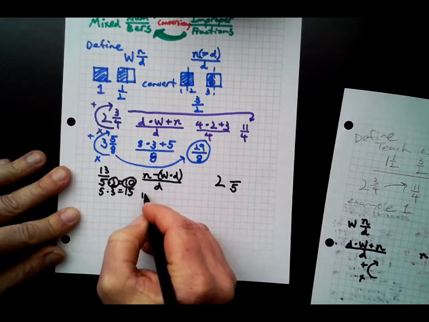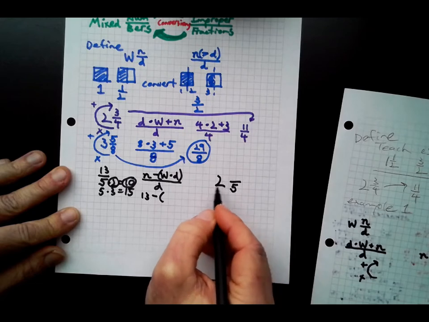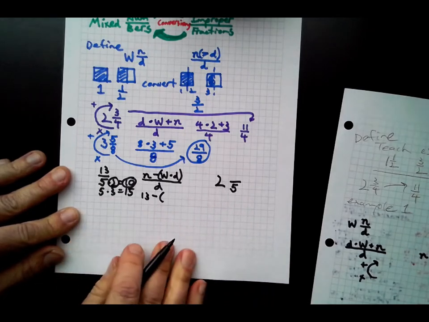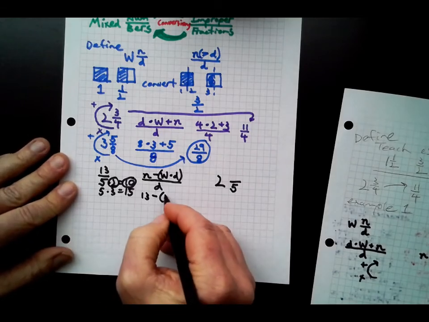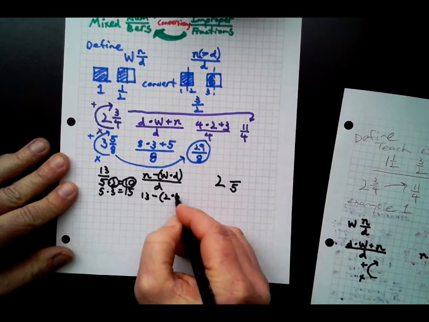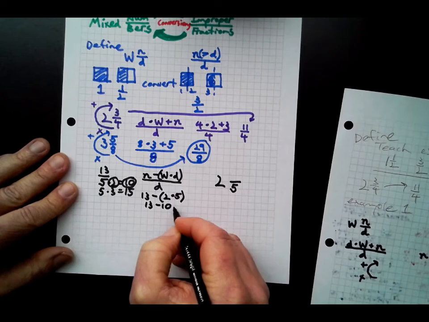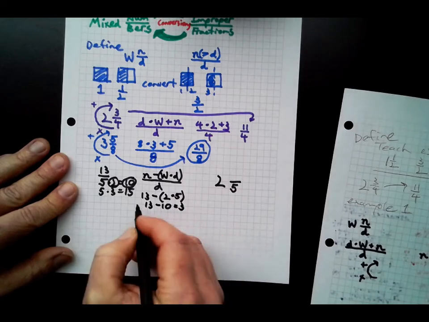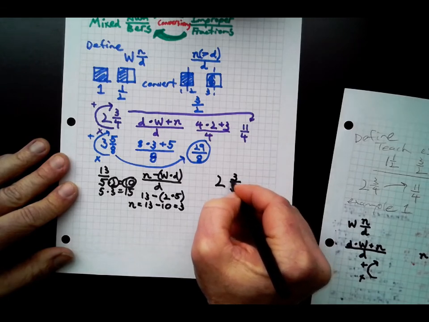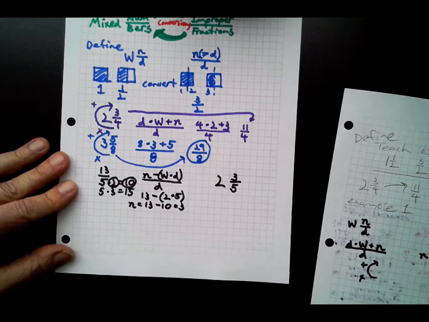We took the 13, we're going to subtract the whole number, which is how many times that denominator will fit into the numerator without going over. In this case it was 2. We're going to multiply that by the denominator of 5. So that makes 13 minus 10, which is 3, which is the numerator. So we just went from 13/5 to 2 3/5.